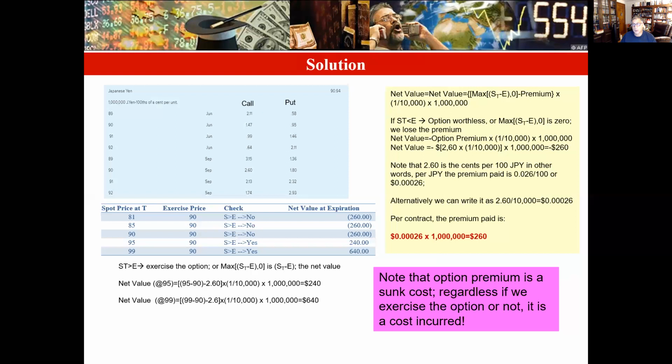Because in the case of a put option, you have the right to sell the underlying currency at the exercise price. So if the spot price is lower than the exercise price, it would be wiser just to go ahead and exercise the option and pick up the exercise price instead of the lower spot price.